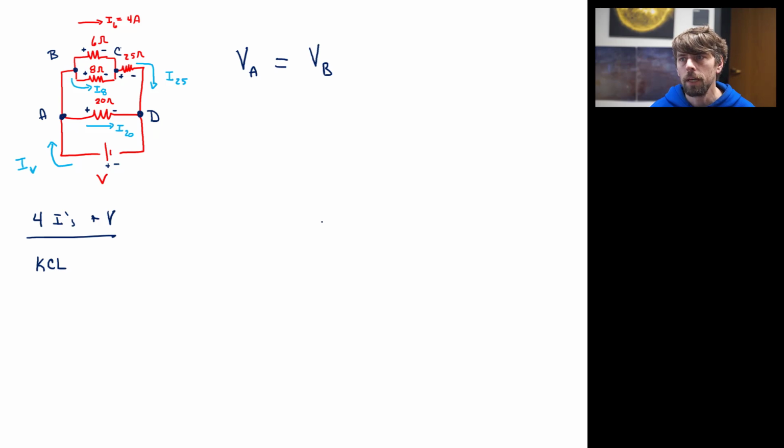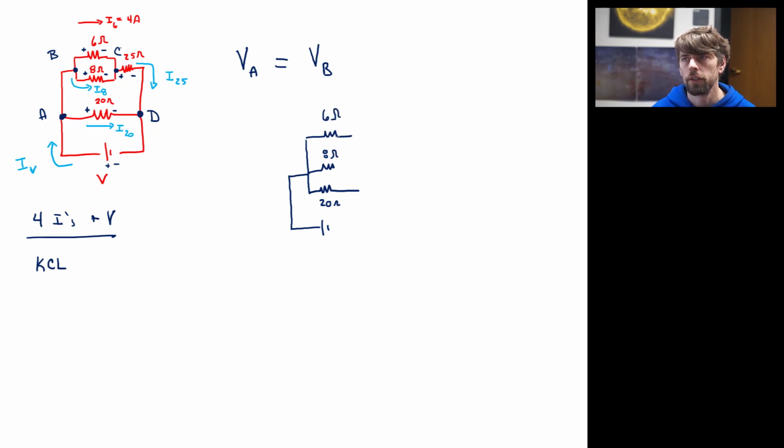In fact, maybe I'll redraw it here just so that we can see what that looks like. You could think, get into that junction, and basically I have three choices. This is a completely equivalent way of drawing this circuit. Here's the 20 ohm resistor. Here is the 8 ohm resistor. Here is the 6 ohm resistor.